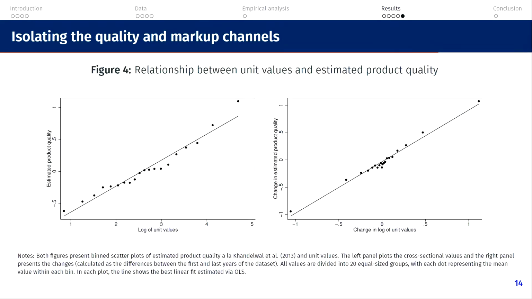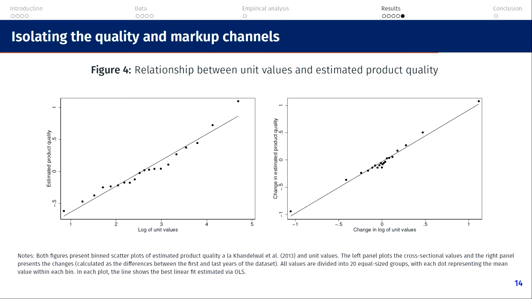So then it becomes important, how do you control for quality? We have a huge sample of products, and unlike wine, where we can have some aspect ratings, we have no such objective measure of quality. So what I do is I use this Khandelwal 2013 approach to estimate quality, which says that, depending on prices, products that are imported in a higher quantity are probably of a higher quality.